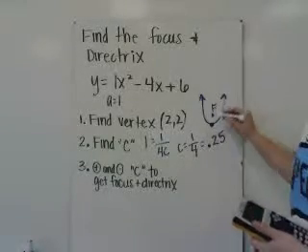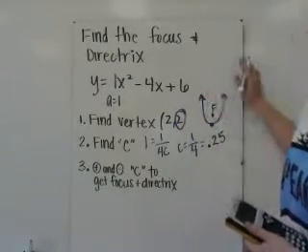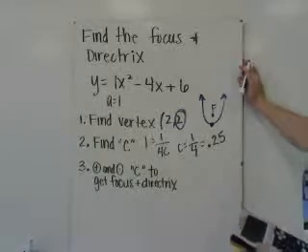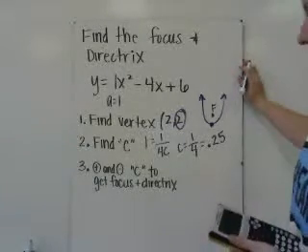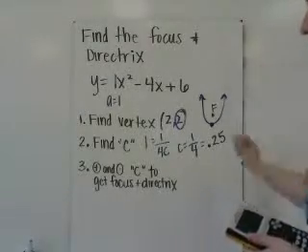So since I'm only moving up and down, the only part of the vertex that I need to change is the y-coordinate. You're always only going to need to change the y-coordinate because all of our parabolas are concave up or concave down. So if you're only moving up and down, you're only changing the y.